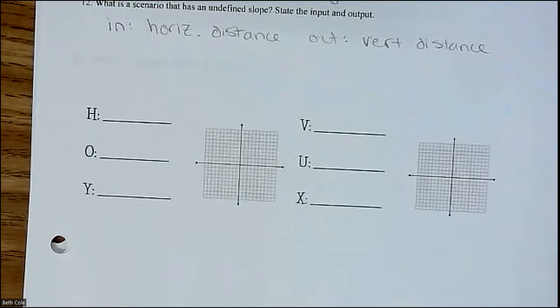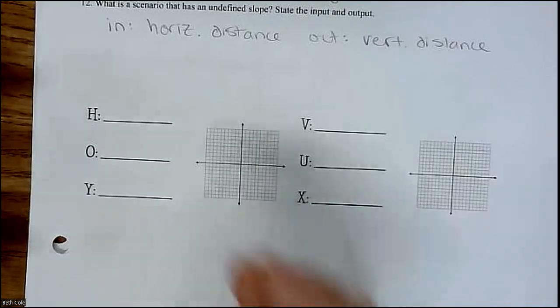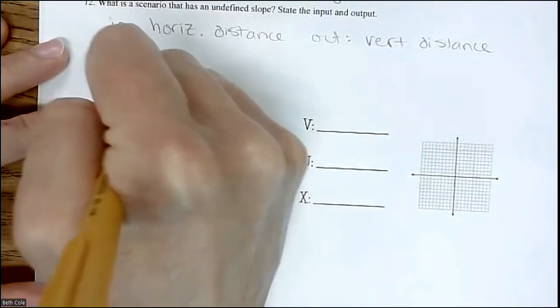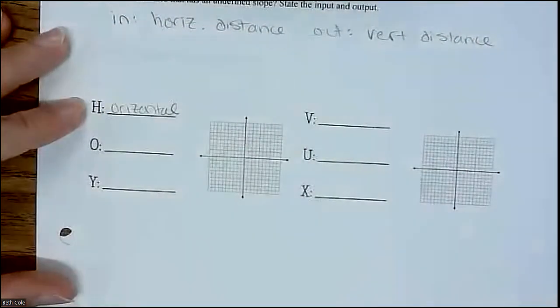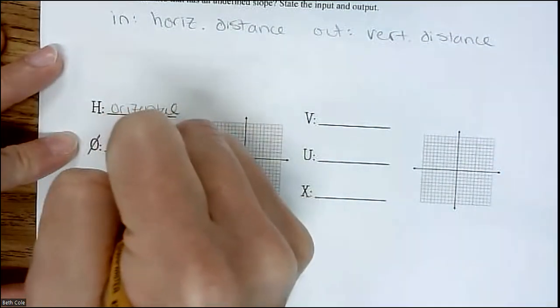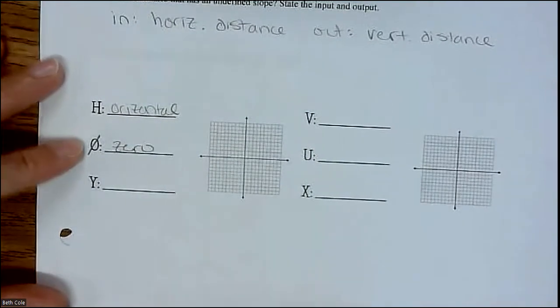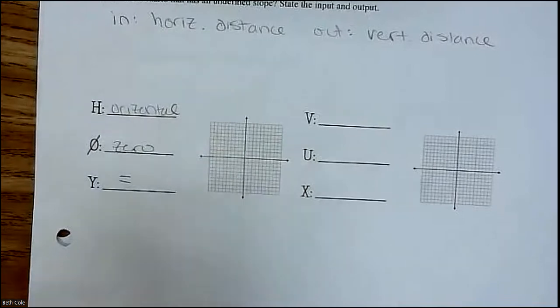Here is your little acronym to help you remember the horizontal and vertical ones. It is HOY-VUX. That's not a word, neither is PEMDAS. It's just an acronym to help you remember it. The H stands for horizontal lines. Horizontal lines have a 0 slope and their equations are y equals a number.